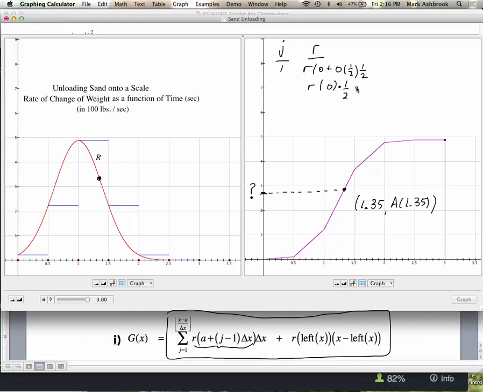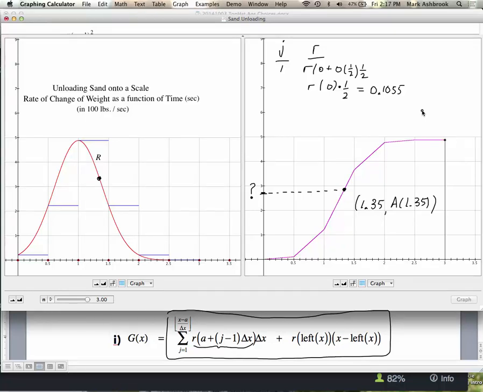What does it equal? So I told you what R of 0 was. I gave you an approximation. I said it was 0.211. So we're going to take 0.211 that I told you times 1/2. And what do we get? You told me already. 0.1055.